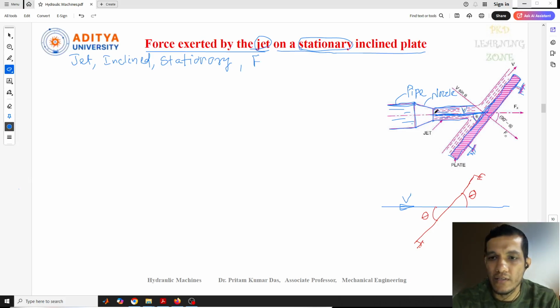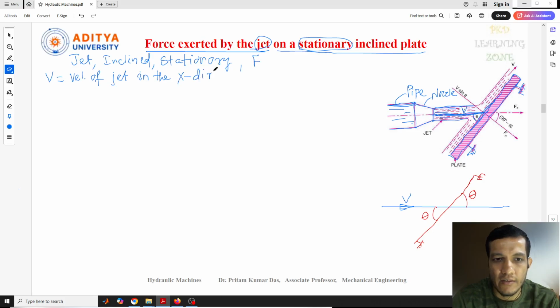Now we need to consider the terminology we can use here. We have seen the water coming out from the nozzle of this pipe and striking an inclined flat plate. First, as I told you, the velocity: capital V is the velocity of the jet in the x direction.